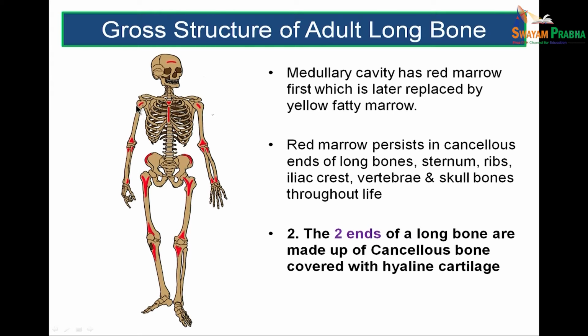In this figure, you can see the skeleton, the bones which show you sites in the adult where you still have red bone marrow production: the iliac crest, upper ends of femur, lower ends of femur, upper ends of tibia, around the elbow joint region and wrist joint, and the sternum.